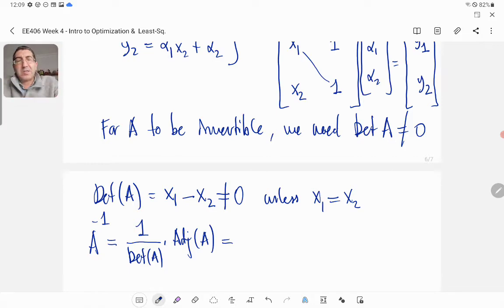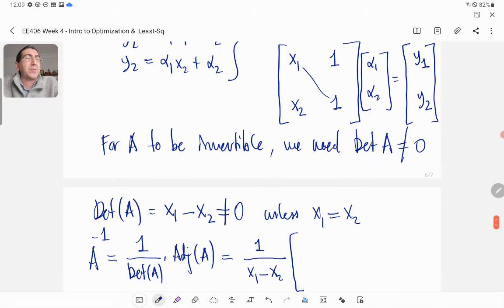So the determinant obviously is x1 minus x2. And the adjoint matrix is constructed from the original matrix. Over here, you consider this intersection and you take the determinant of the part that is remaining over here. So in this case, it's just a single number. Same goes with the diagonal entry at the bottom.